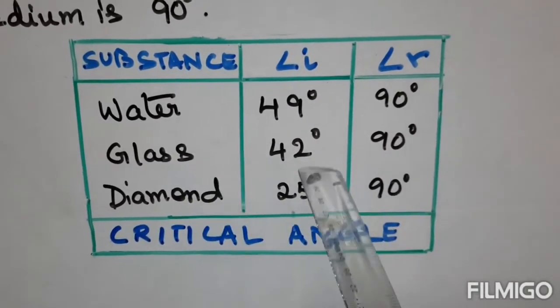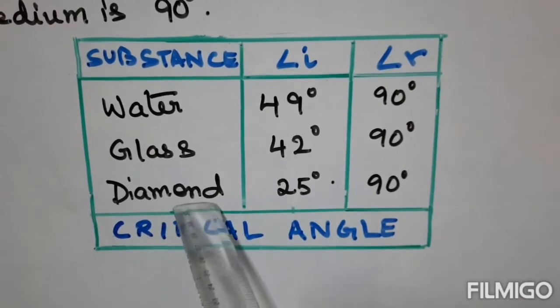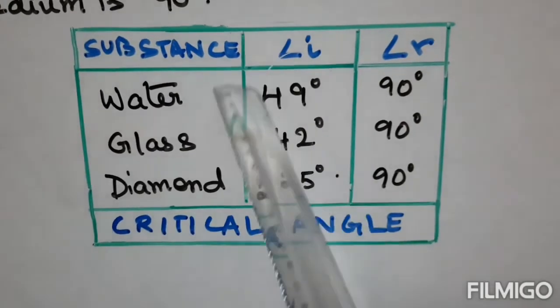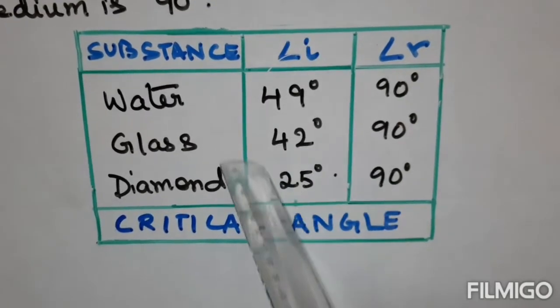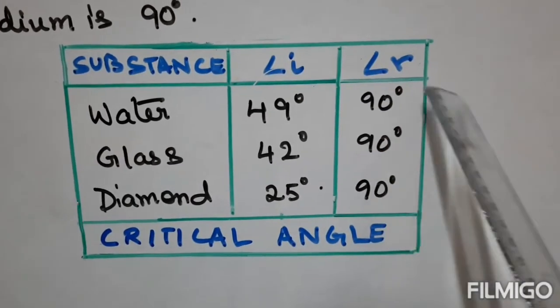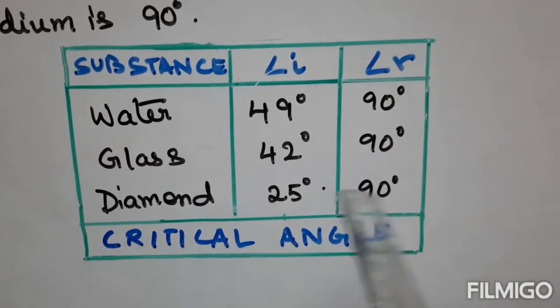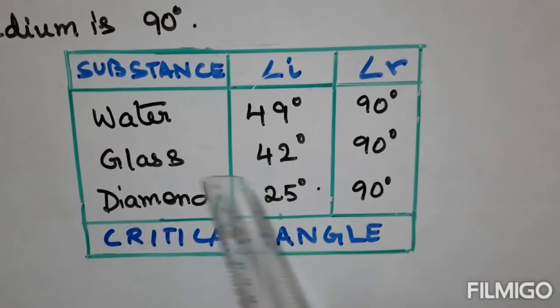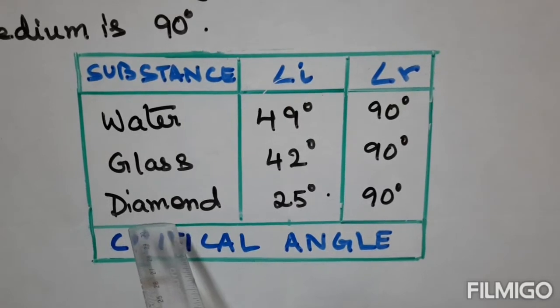For glass it is 42 and for diamond it is nearly equal to 25. These angles of incidence for which the corresponding angle of refraction in the rarer medium is 90 are known as the critical angles. These are the critical angles of these particular substances.